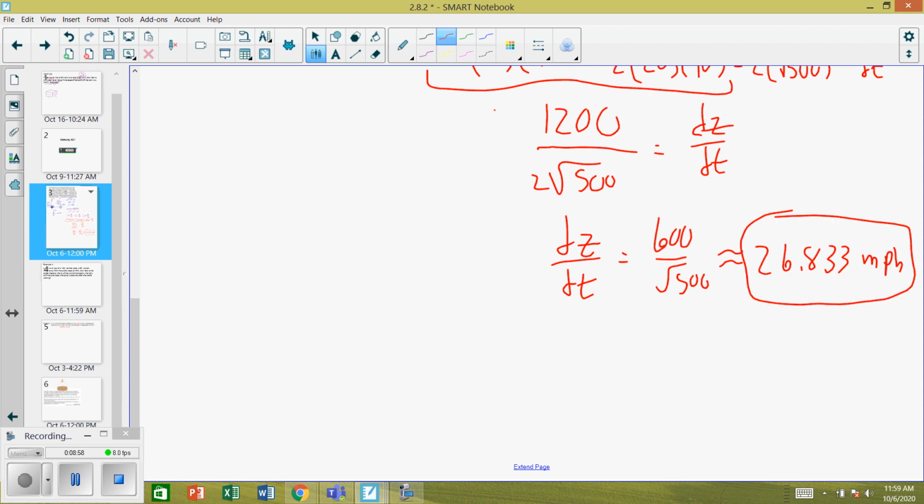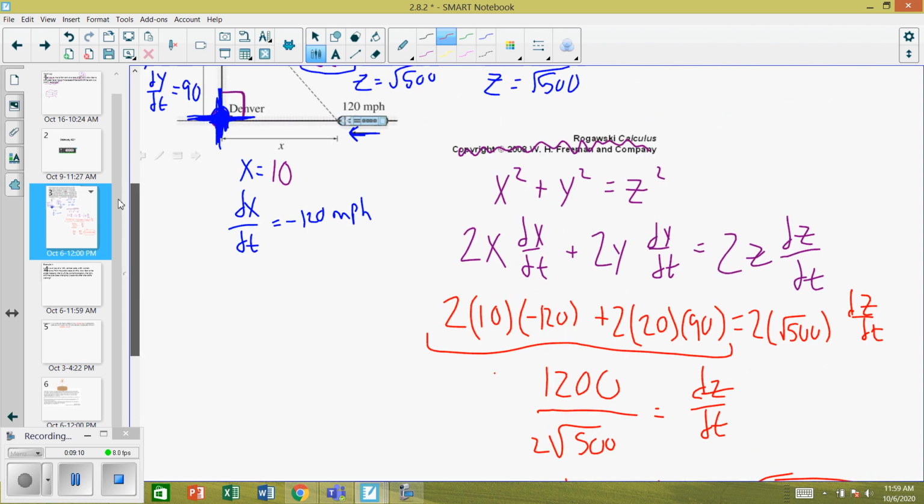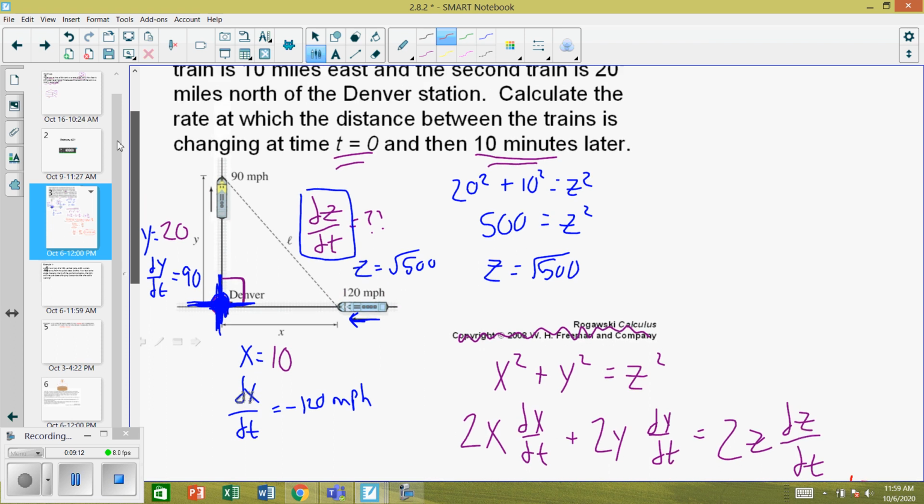So the rate at which they're changing from each other, at time equals 0, is 26.833 miles per hour, which I think is pretty similar to what we did yesterday. We just found dz over dt.